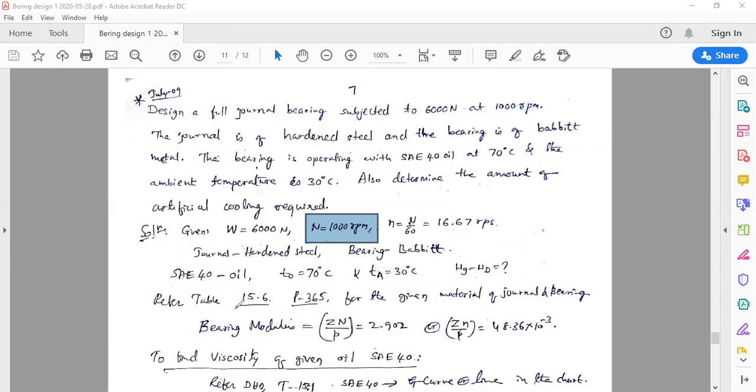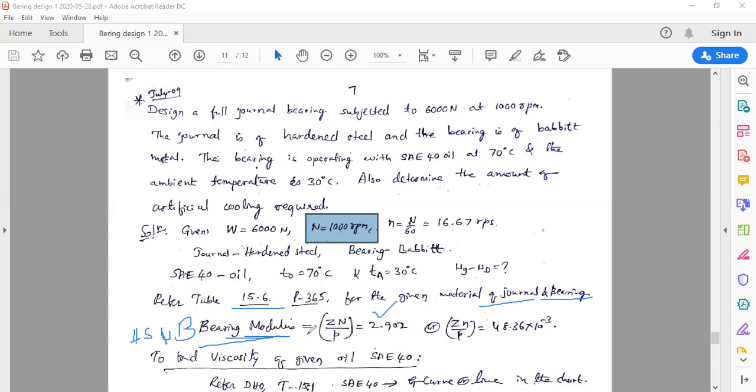By using it, we have to note the value of bearing modulus for the materials used: hardened steel for the shaft, and Babbitt for the bearing.